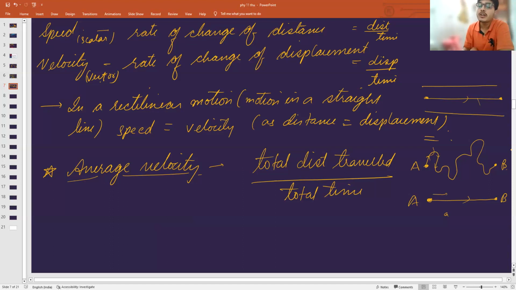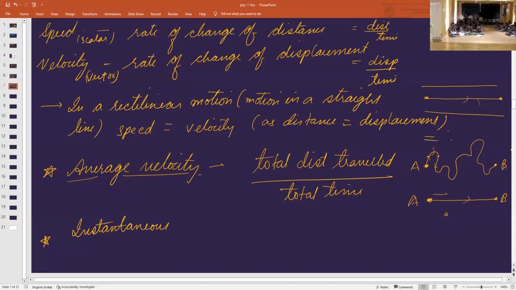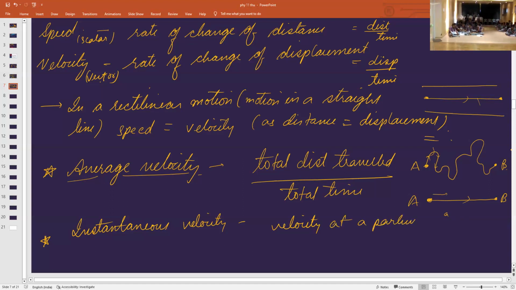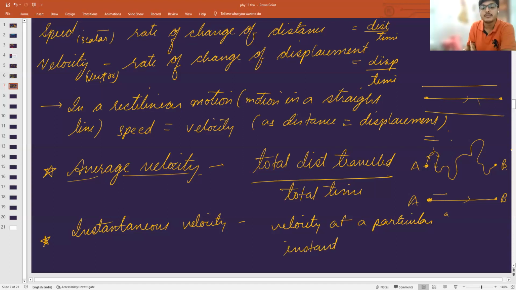But there is one more term called instantaneous velocity. This is the velocity at a particular instant of time.